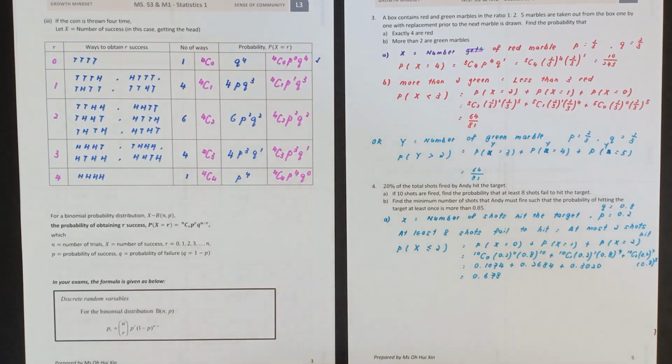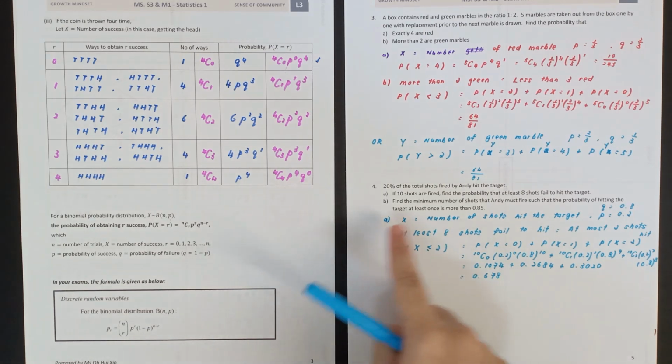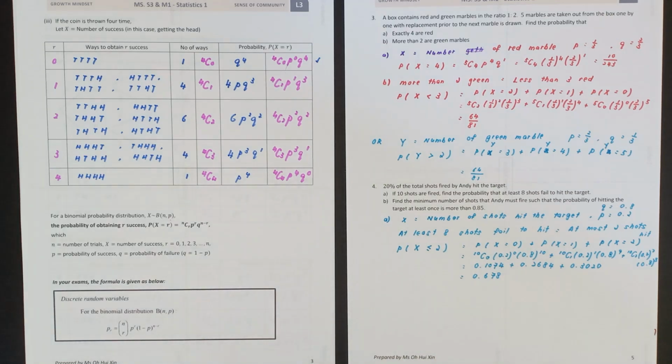Okay, so B, find the minimum number of shots that Andy must fire such that the probability of hitting the target at least once is more than 0.85. This question is a little bit different now. Find the minimum number of shots, meaning I do not know how many shots Andy has taken.